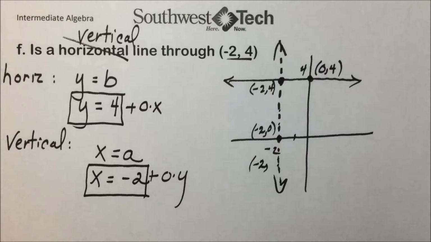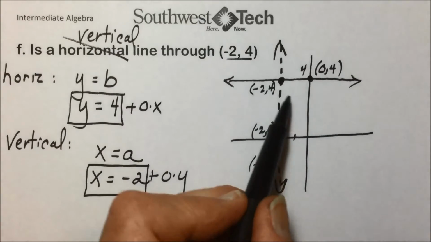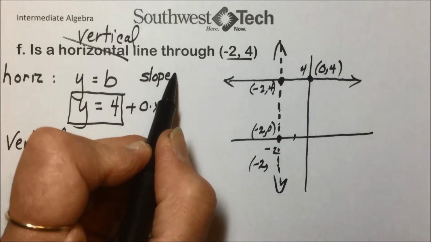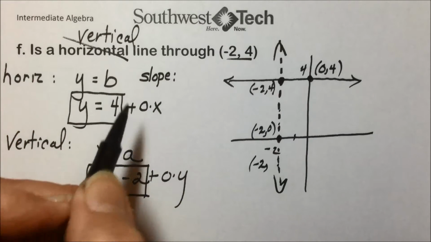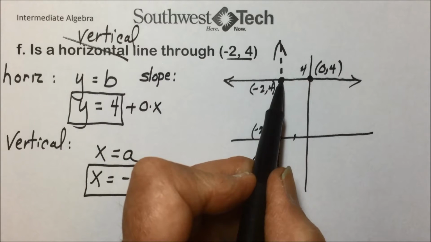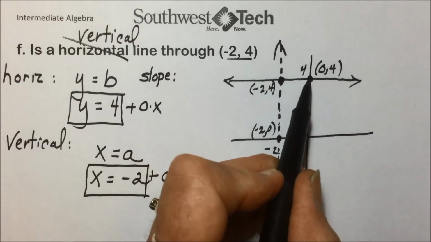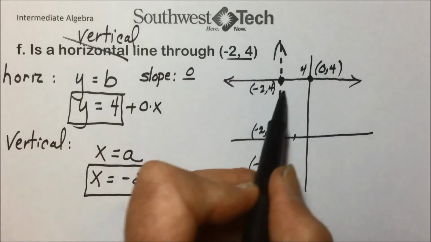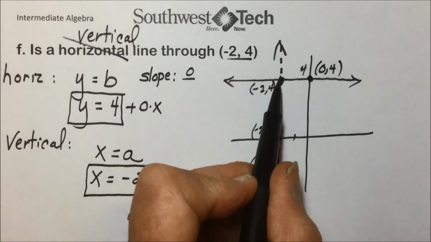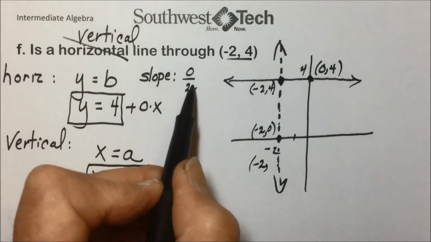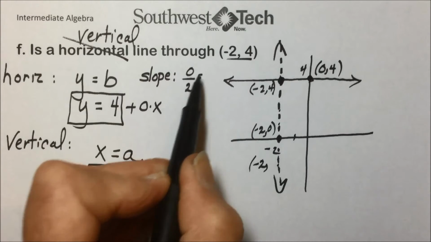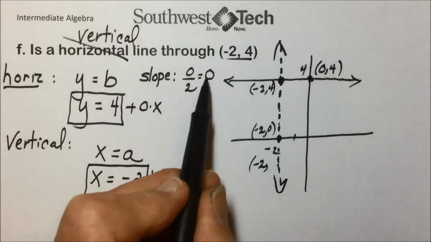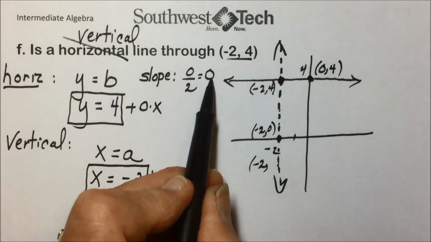One other thing to note here, when we have horizontal lines, if we're talking about the slope, rise over run, if I'm describing a rise between this point and this point, there is no rise, but there is a run of, say, 2. And so we end up with 0 divided by 2 is 0. Horizontal lines have a slope equal to 0.